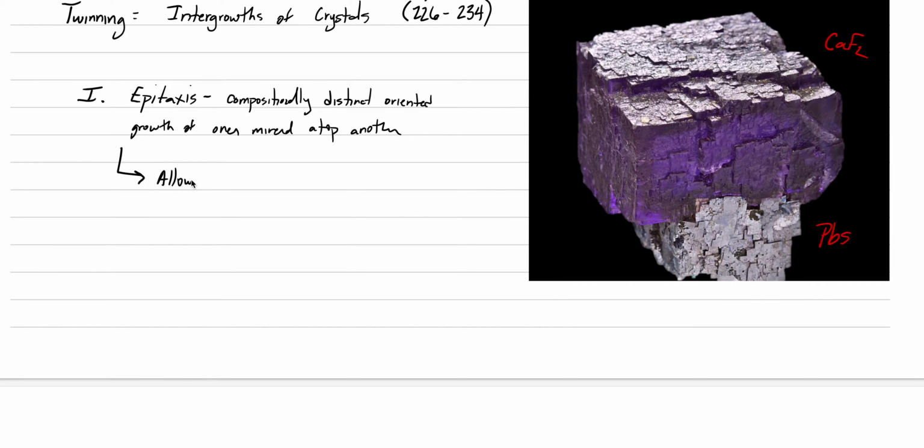So why does it occur? Well, it's allowed by planes of good crystallographic, easy for me to say, planes of crystallographic fit. Another way to say that, maybe more scientifically, is that there is a thermodynamically favored substrate that encourages nucleation.